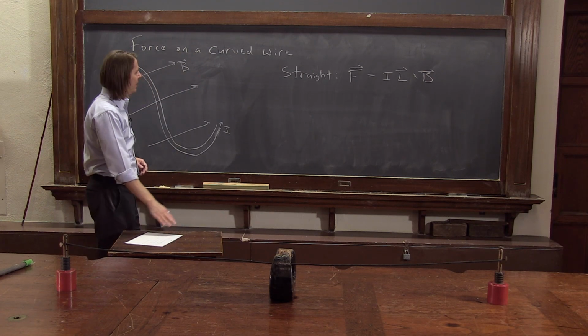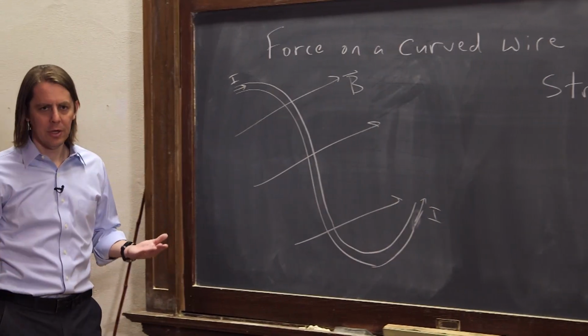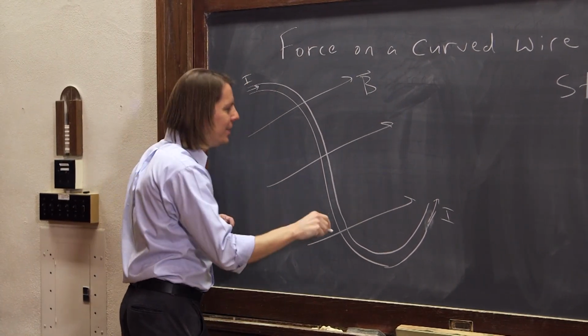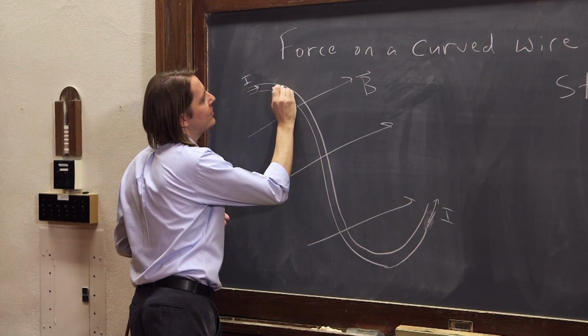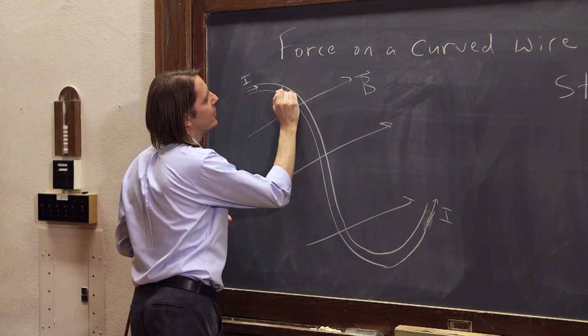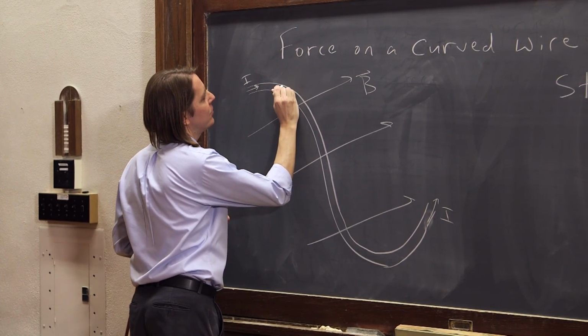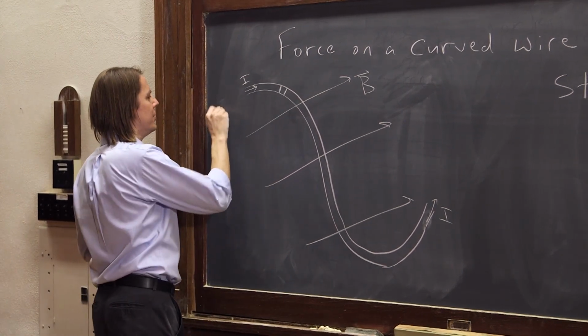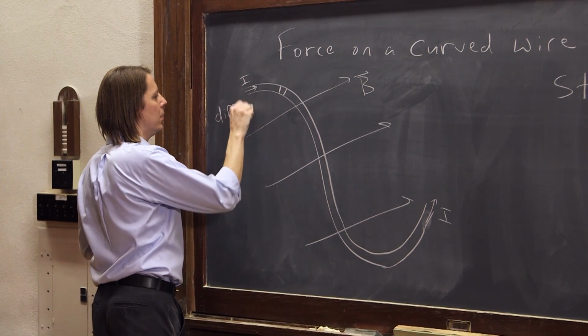We have a curved wire. So what we have to do is break it into little pieces, right? So if it's curved, and if we look at a small enough piece, like this piece right here, that piece is essentially straight. So this is a differential segment of the wire.